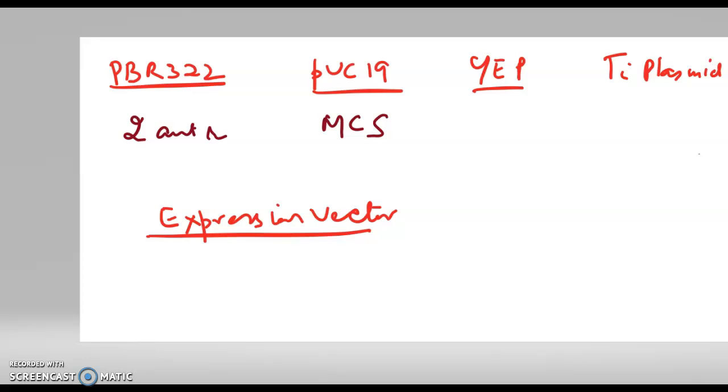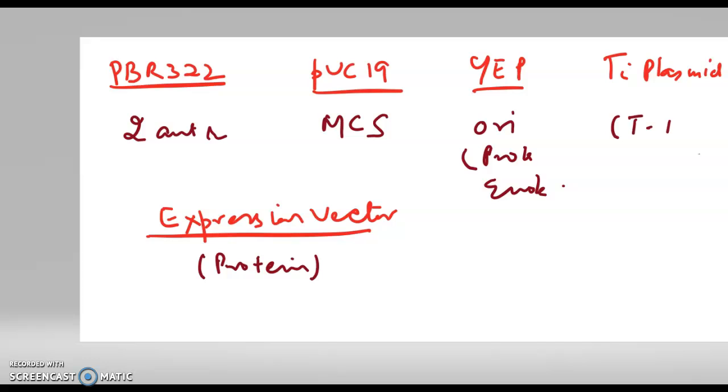Yeast episomal plasmid has ori for prokaryotes and eukaryotes. The expression vector can be used for protein cloning, and the Ti plasmid has the T-DNA region. Thank you.